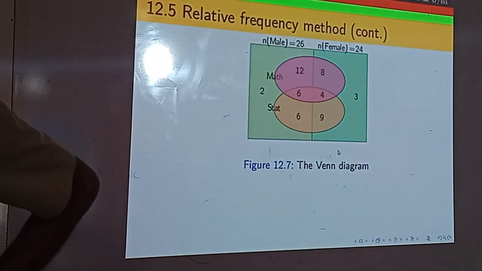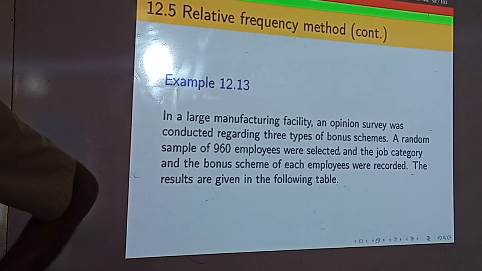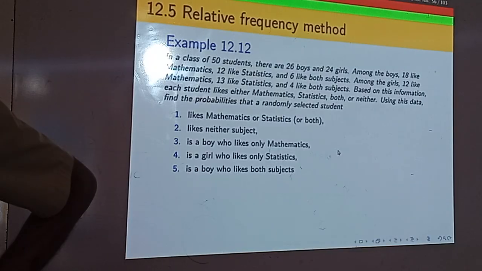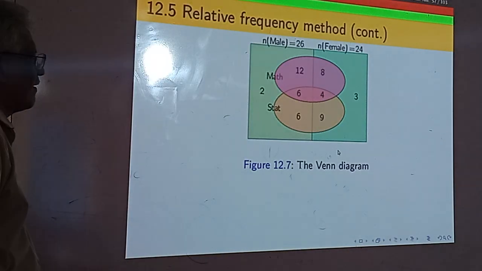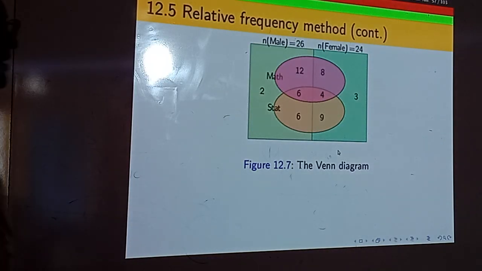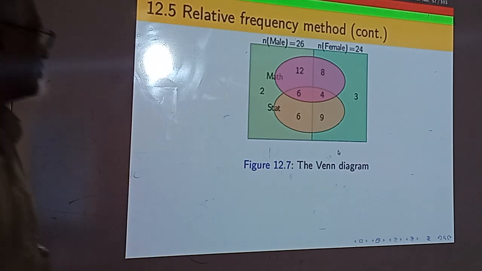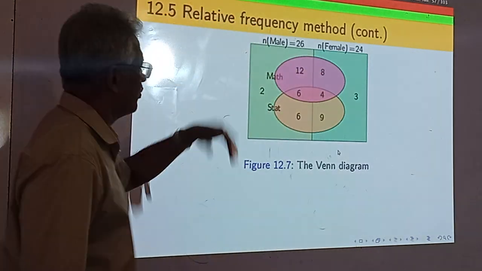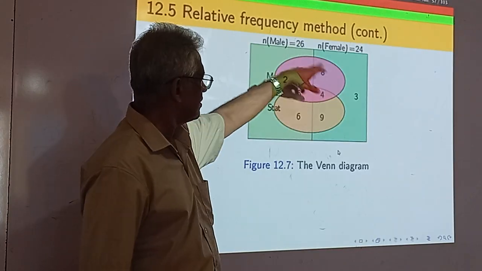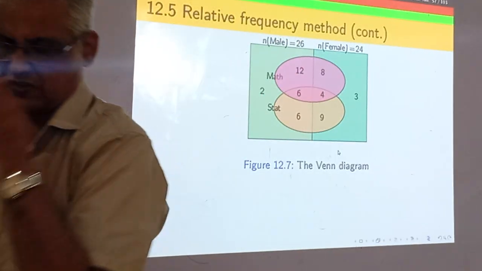Based on that we can draw this Venn diagram, and the probabilities can be calculated. So what is the probability that a randomly selected student likes mathematics or statistics? Mathematics or statistics means all of these, right? So we have to add all those 6 numbers here and divide by 50.